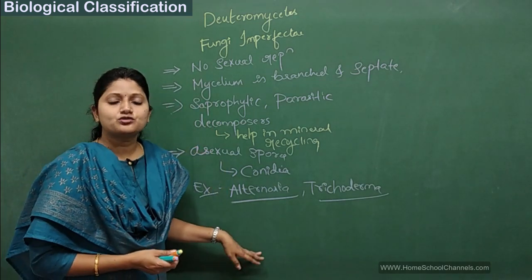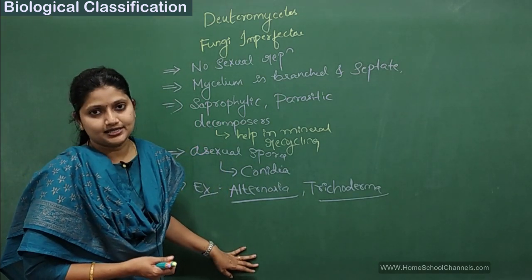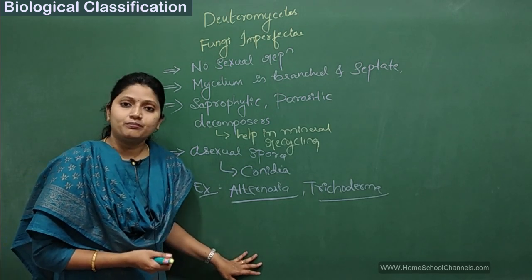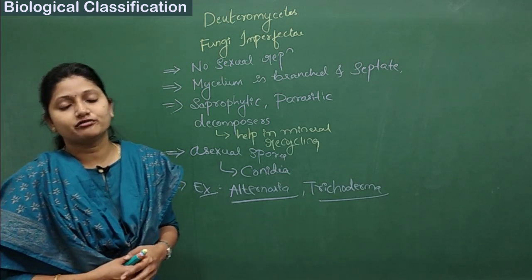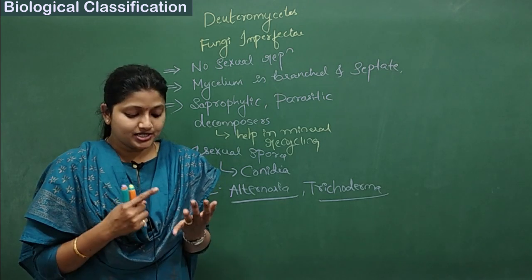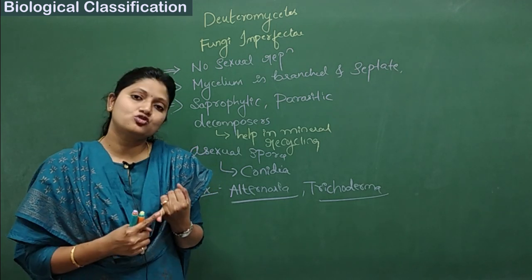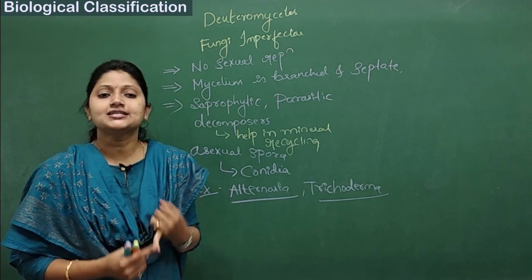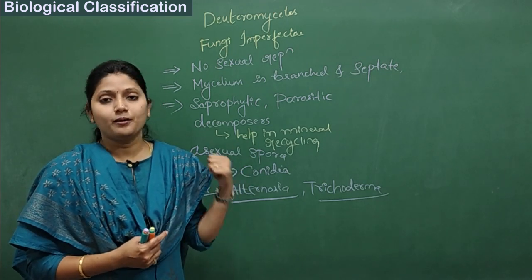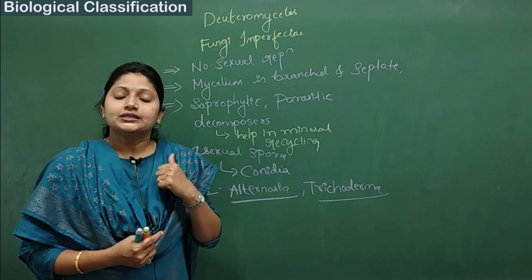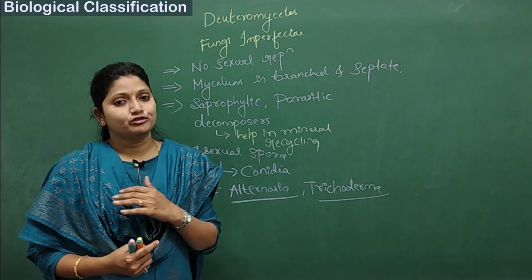So these two are examples of Deuteromycetes. So we have completed all the four classes of the kingdom fungi. We have seen Phycomycetes, Ascomycetes, Basidiomycetes, and finally the Deuteromycetes. So this completes the kingdom fungi.